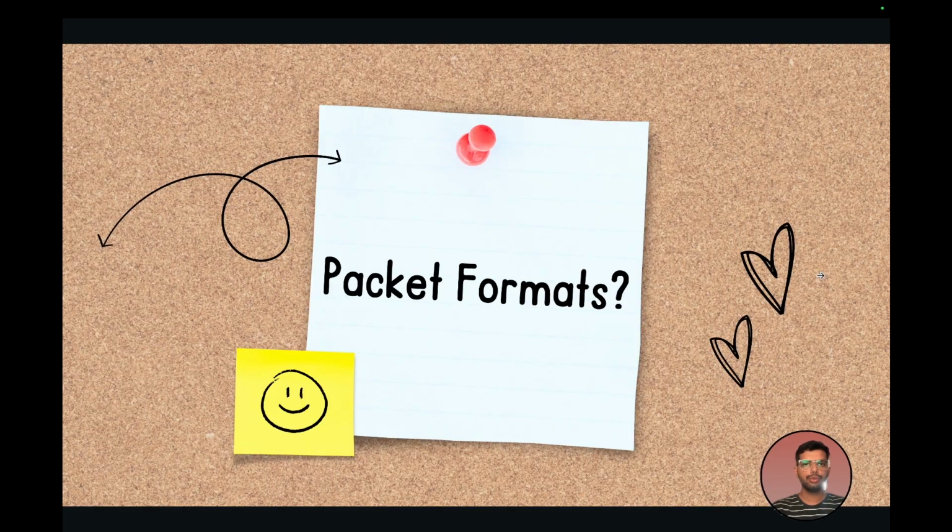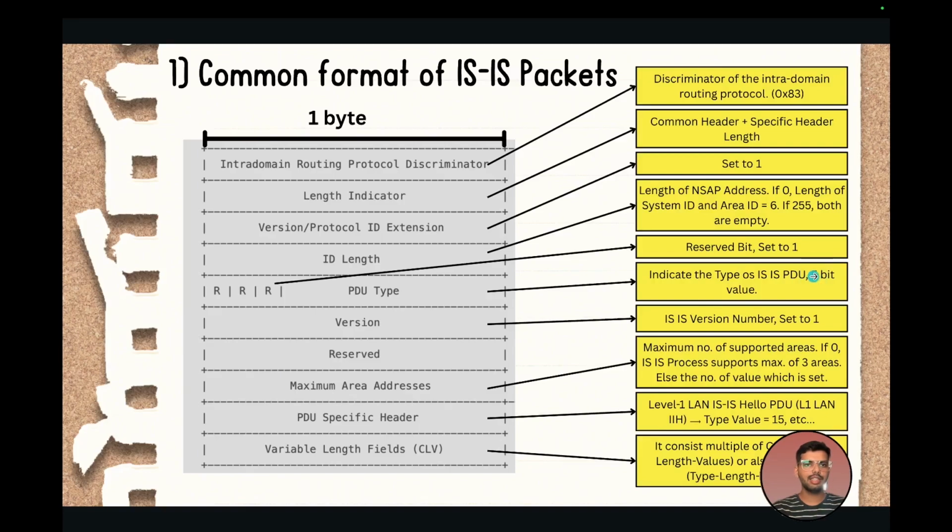Now we can go through all the packet formats, and this is a very important part from now on. So pay attention, starting with the first packet format, which is the common format of IS-IS packets. This is the common format of any IS-IS packet that is exchanged while forming a neighborship, or while exchanging or synchronizing the LSDBs between any two IS-IS neighbors, right?